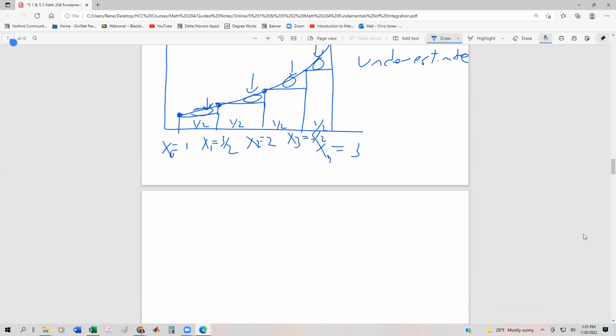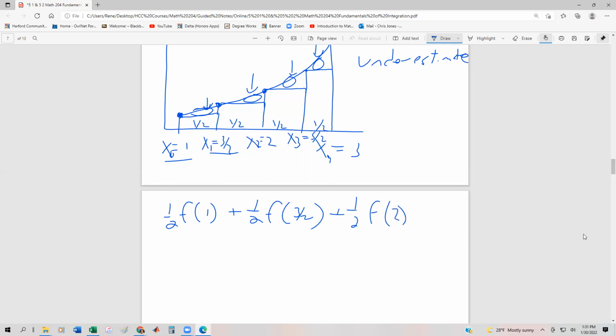Okay, so no matter what, the base is a half. So for the first rectangle, that's going to be 1/2 times the height of the function at 1. And then for the next one, it's going to be the base times the height, and this time it's 3/2. So all we're doing is evaluating the function at each of the left endpoints of the partitions.